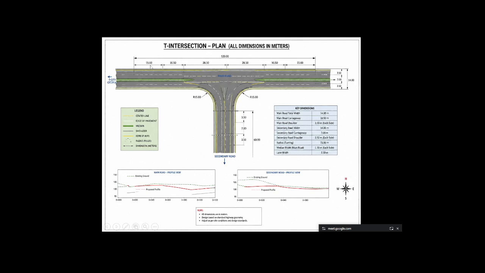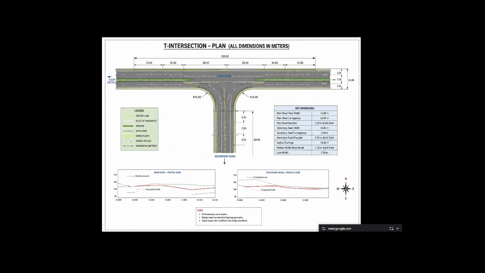If you look carefully, you will notice that we have a main road, a secondary road, a turning radius, the lane transition, shoulders, and the intersection area.